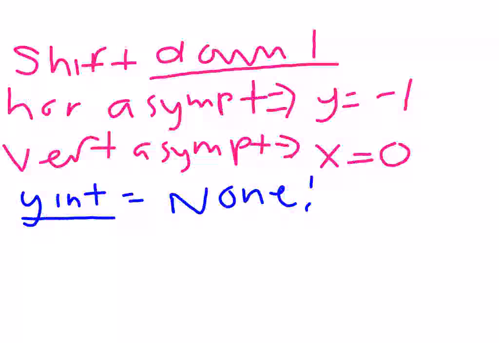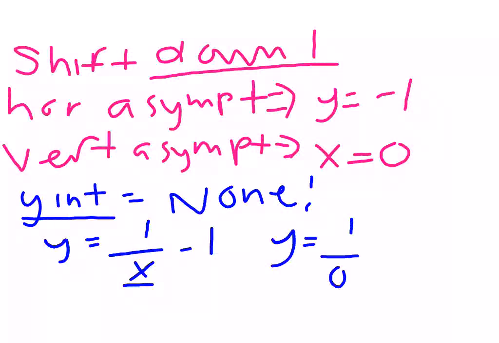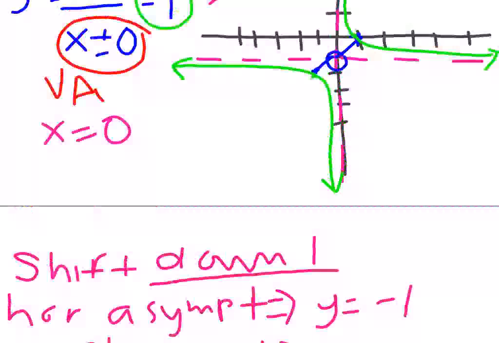In the function y equals 1 over x minus 1, what happens when we let x equal 0? We get y equals 1 over 0 minus 1. Can we ever have 1 over 0? No, you can't ever have 1 over 0. So right away I know it never will intercept the y-axis.